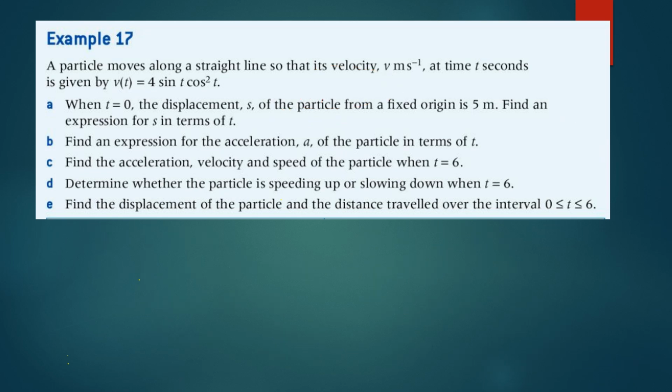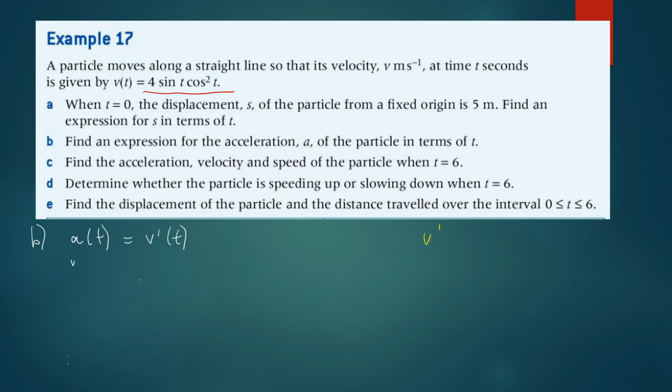Letter B, find an expression for the acceleration. So letter B, how do we find the acceleration? A of t is the first derivative of your v of t. But our v of t, we have here. Okay, so let us write it here.